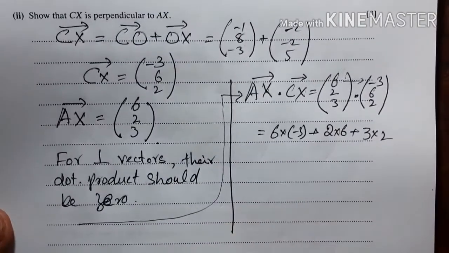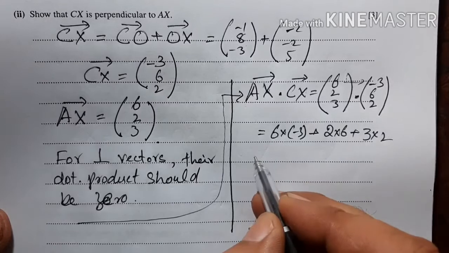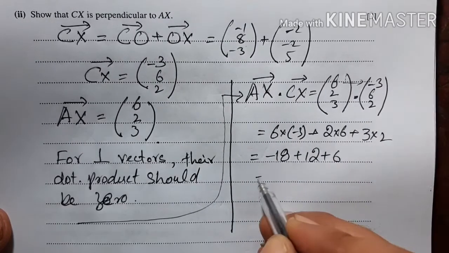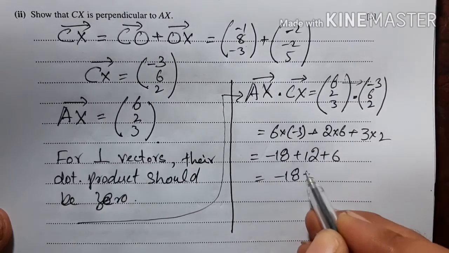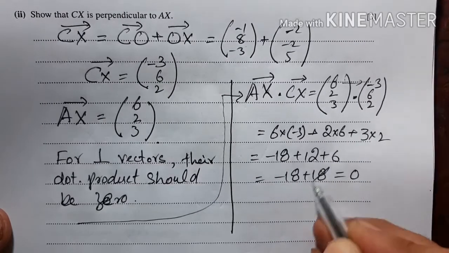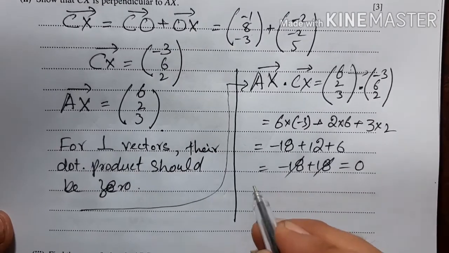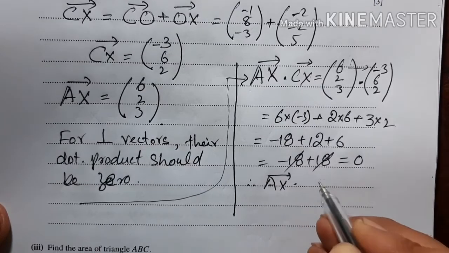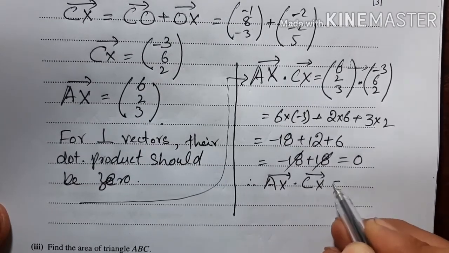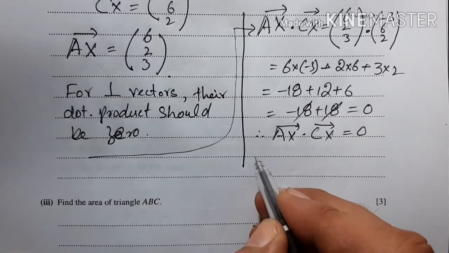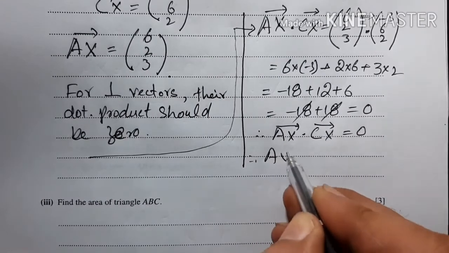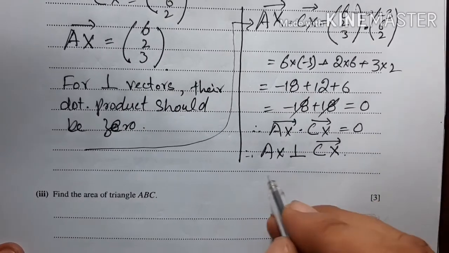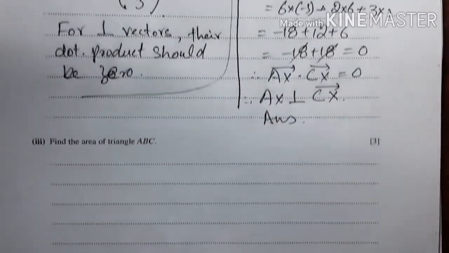So this will be minus 18 plus 12 plus 6, which is minus 18 plus 18, and this equals 0. Therefore, the dot product of AX and CX is 0. That's why AX is perpendicular to CX. It is proved. This is our answer.